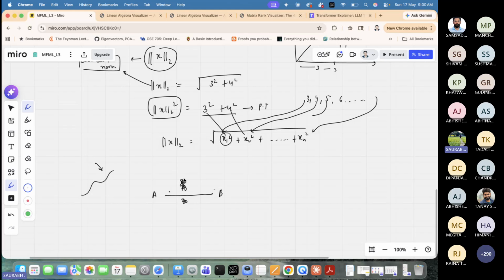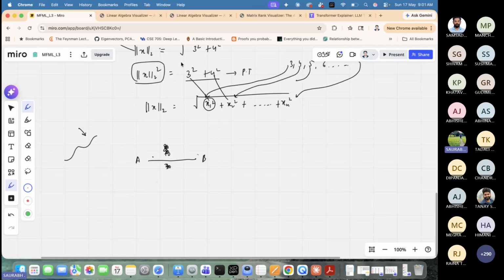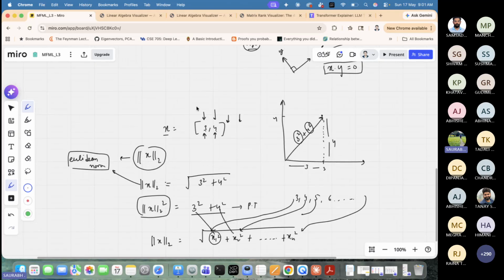Now, the first thing that comes up, and these are called the axioms of the norms. The norm is nothing but the length, right? When you see the word norm, just relate it to length. People are talking about length, and there could be various different types of length that they could talk about.